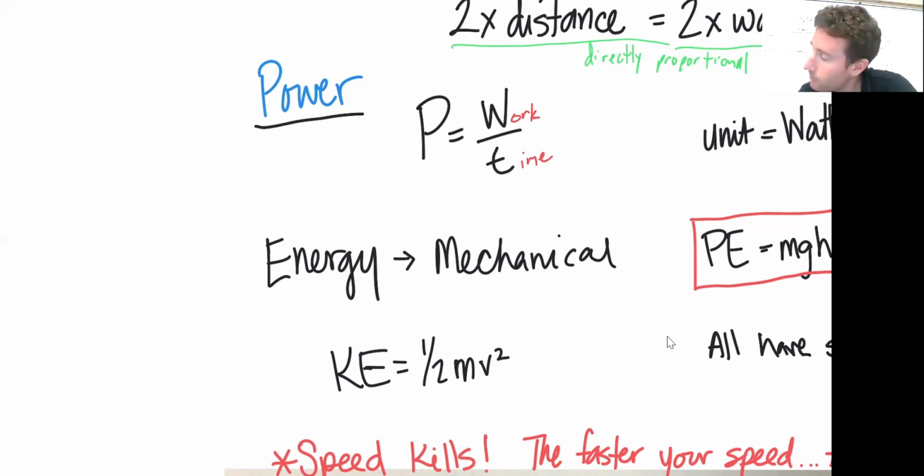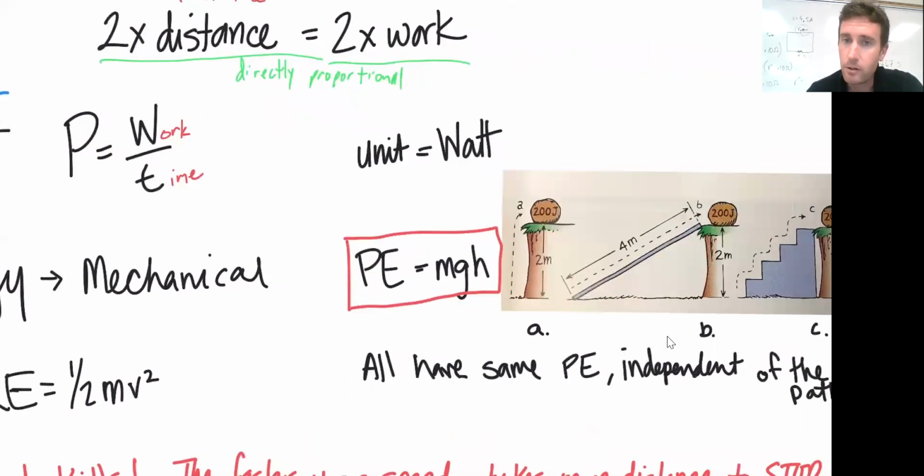It says that the power is using the unit watts, W-A-T-T. And since I know that work is in a unit of joules and time is in a unit of seconds, joules divided by seconds is equal to a watt.